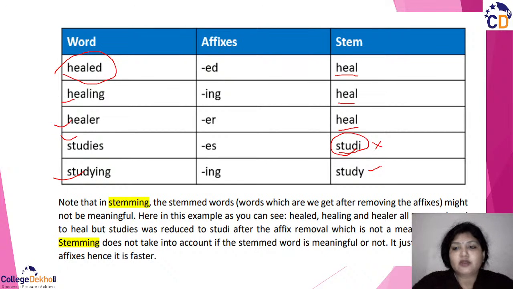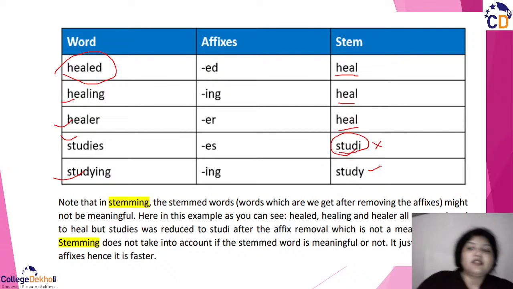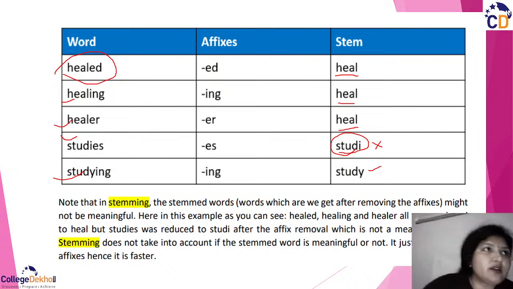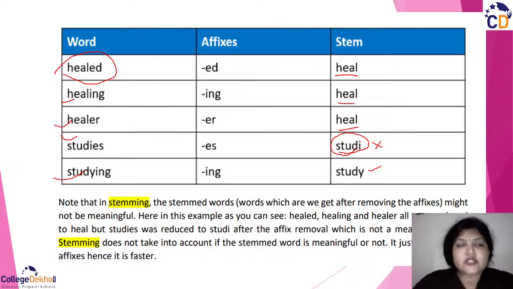It might be possible that the word becomes meaningless and does not provide any meaning after removing the affix, so it doesn't matter in stemming. This is the disadvantage, and that would be covered in lemmatization, where after removing the affixes the word should maintain some meaning. So this is the difference between stemming and lemmatization.